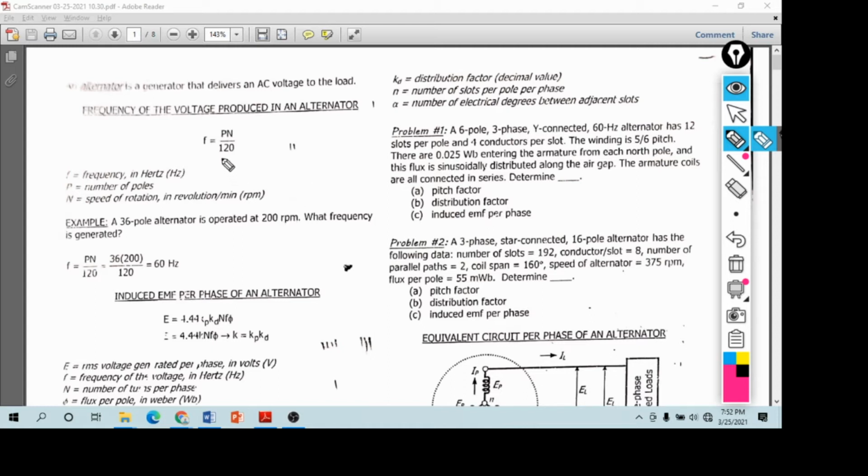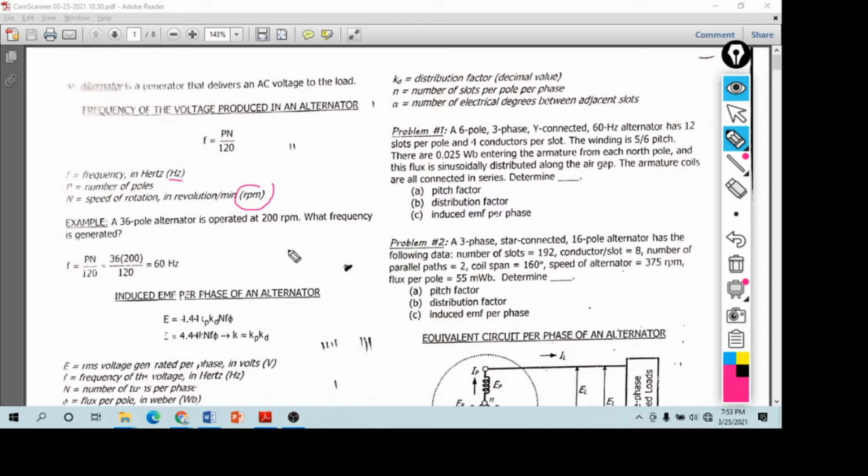So the frequency is affected by the number of poles and the speed of the generator. Okay, so the frequency is in hertz, P is the number of poles, and N is the speed of rotation in revolutions per minute, or RPM. So this is the unit of the N.